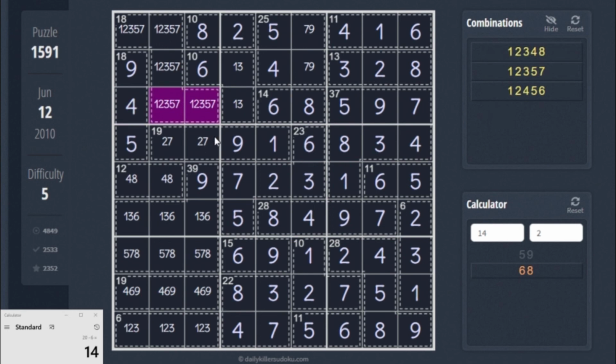Right, gonna do some cleaning up. This one, 7, 7, 5, 5. Not much. So 2 already have, 3 already have.